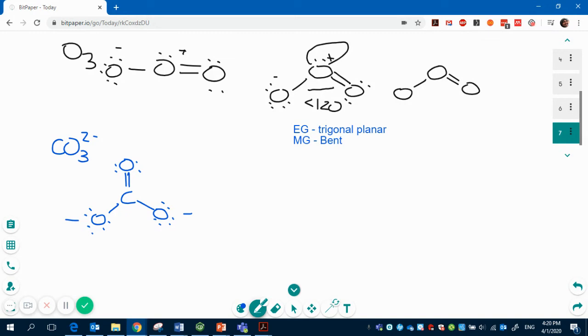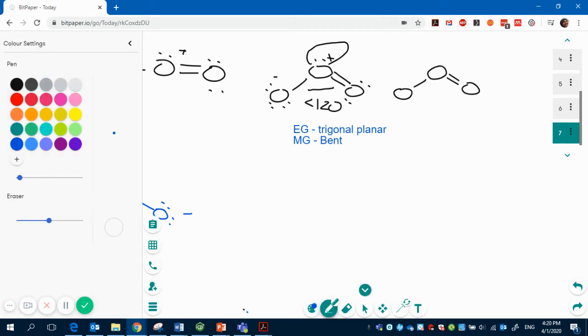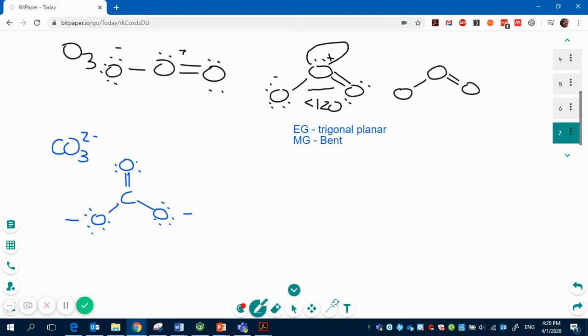In carbonate, all of the bonds are equivalent. The hybrid looks like this, and so the bond angles are all going to be 120. They're going to be equivalent.